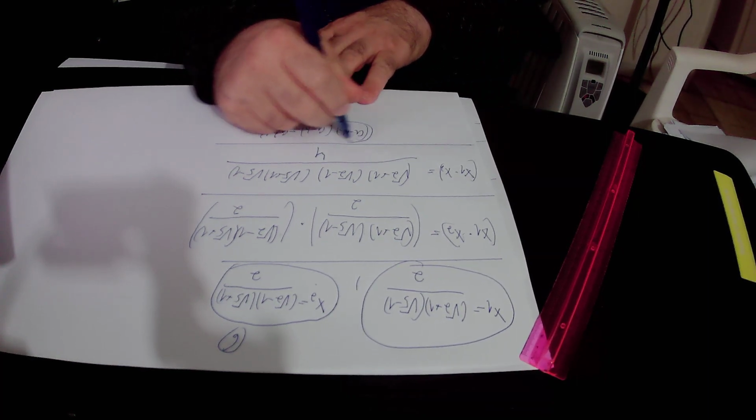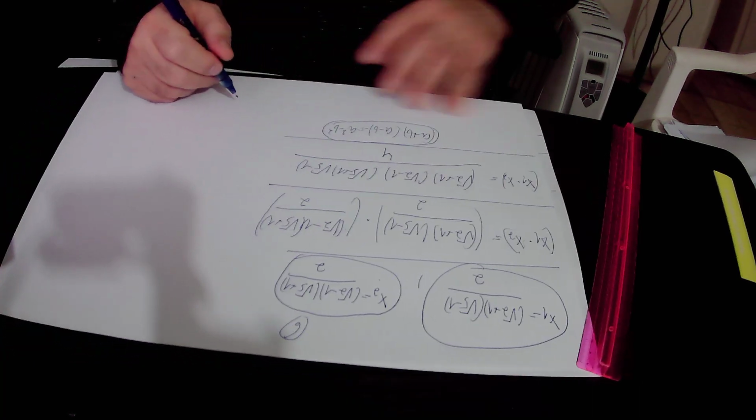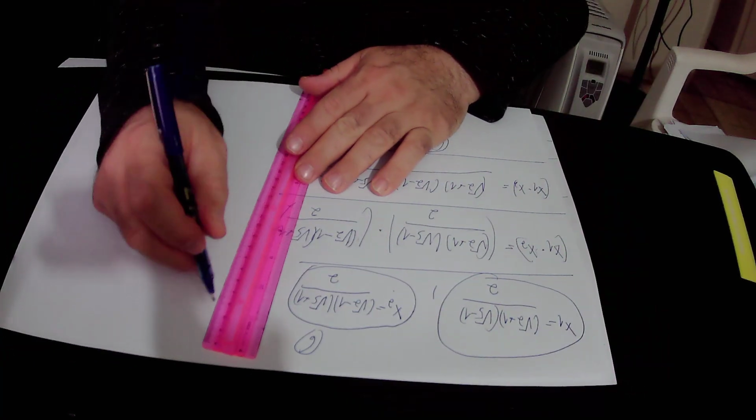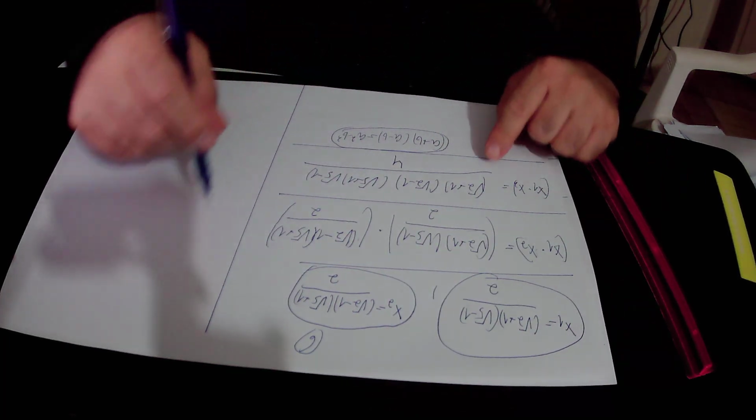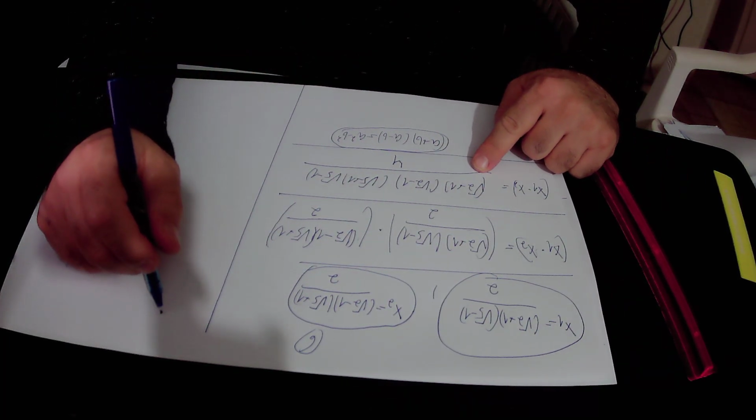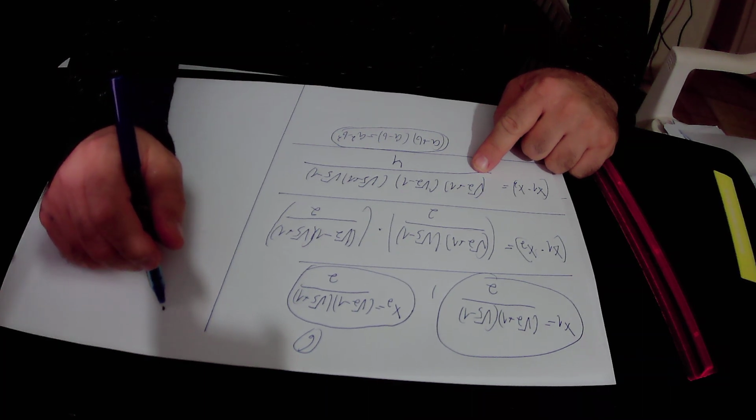And so we'll calculate the value of square root of 2 plus 1 times square root of 2 minus 1.